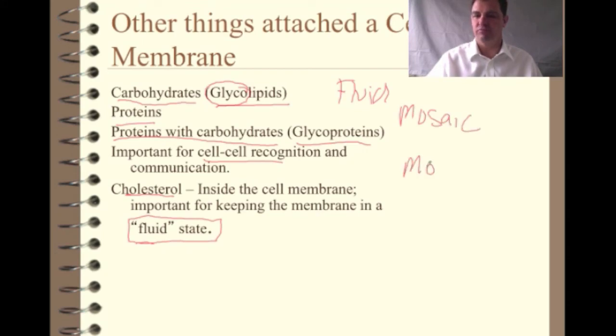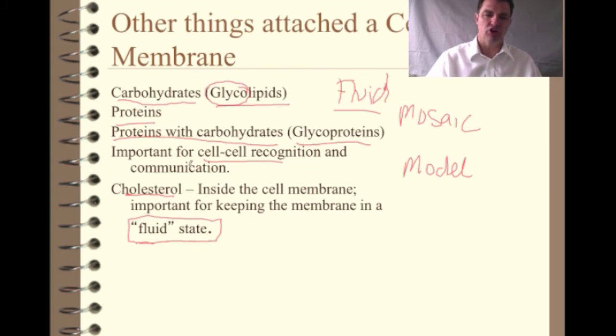It's a common term. There's some new research out that is suggesting it might be more fluid than we think, but for a long time, this has been the standard model of describing a cell membrane, because it's not a solid structure. It's moving around, and there's proteins there that come and go and are sloshed around in this solution, if you will.